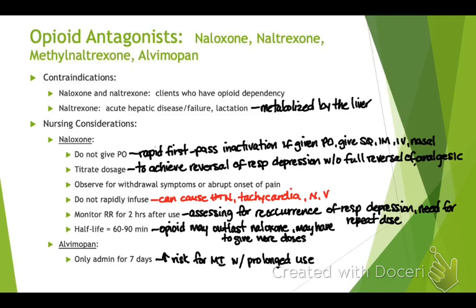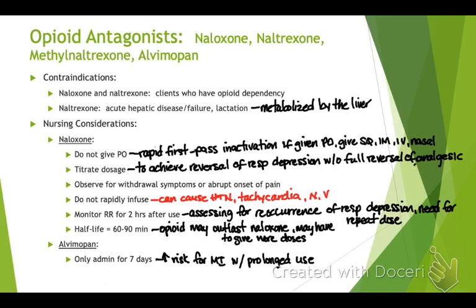So you want to give the naloxone sub-Q, IM, or IV, or nasal. You want to titrate the dose to achieve reversal of the respiratory depression without full reversal of the analgesic.